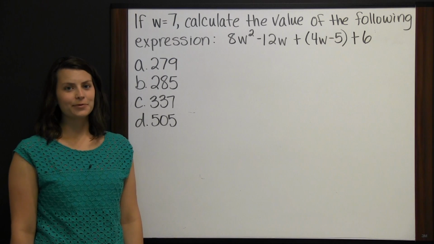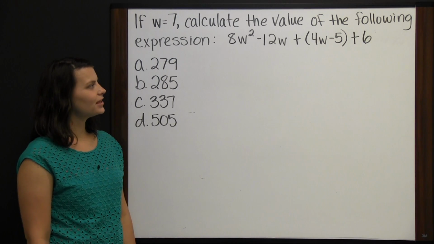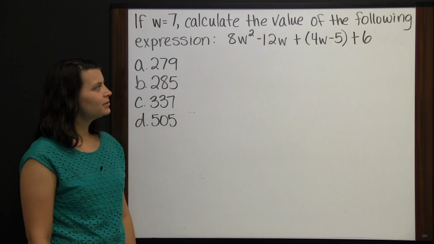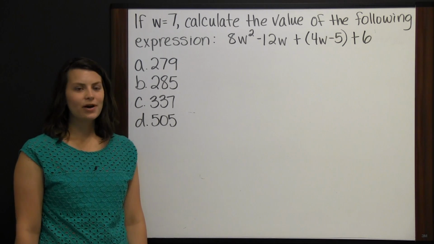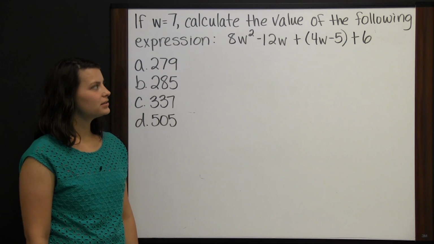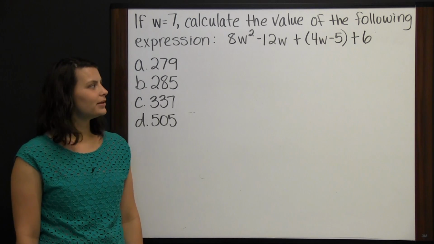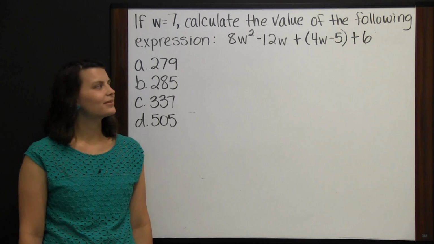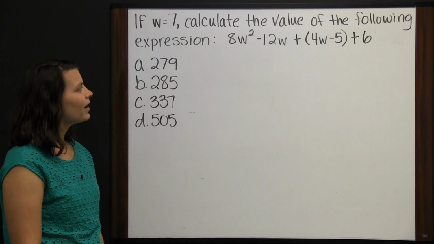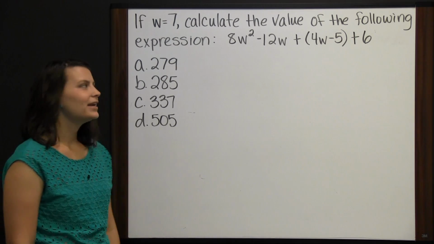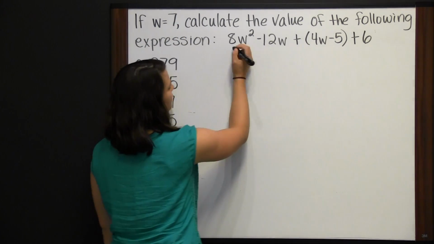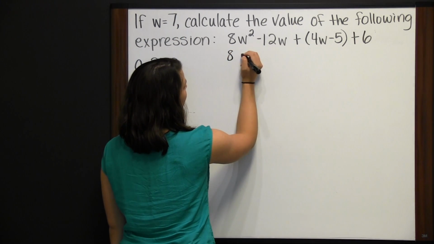If W equals 7, calculate the value of the following expression: 8W squared minus 12W plus the quantity of 4W minus 5 plus 6. In order to simplify, the first thing we need to do is substitute 7 for W. So we start by bringing down the 8.